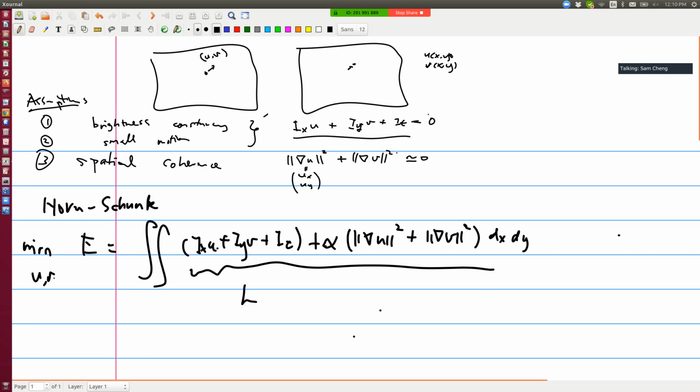And U and V itself is a function because it varies at each pixel. So I'm minimizing a function of a function. Mathematically, sometimes they call it a functional, but we don't actually need to worry too much about that.